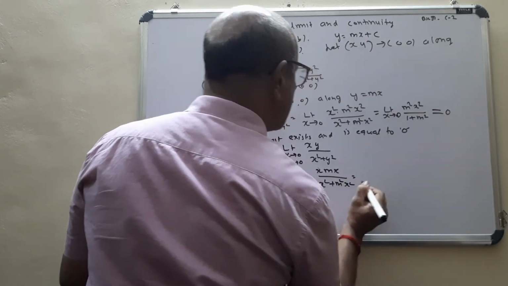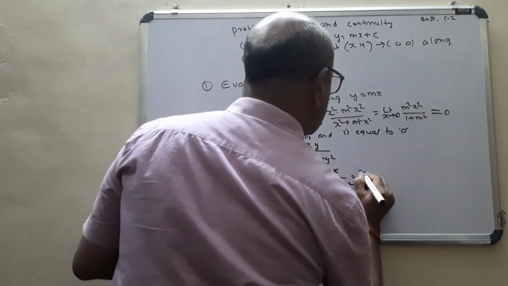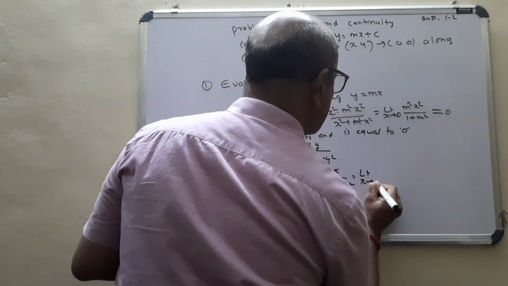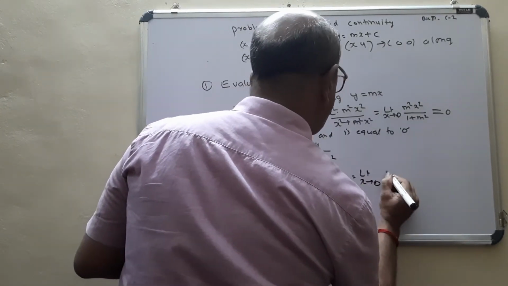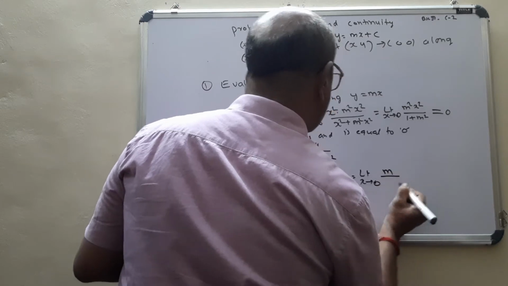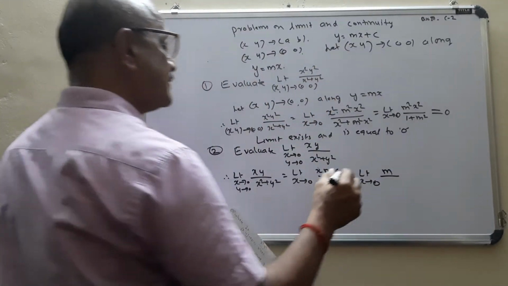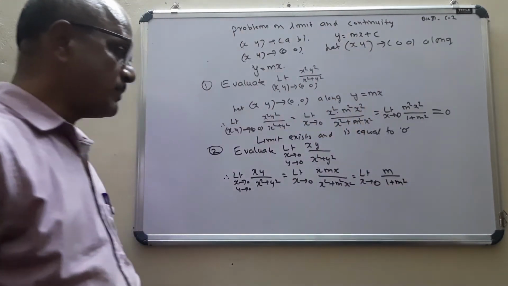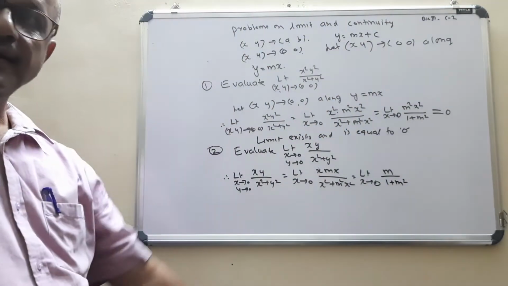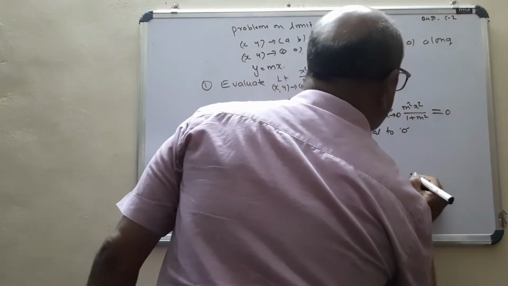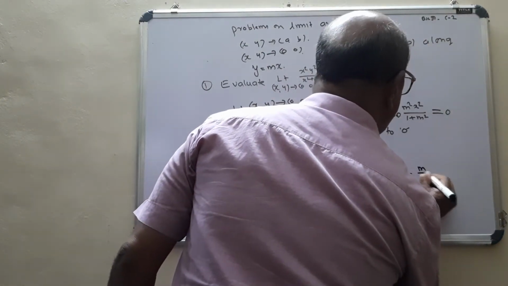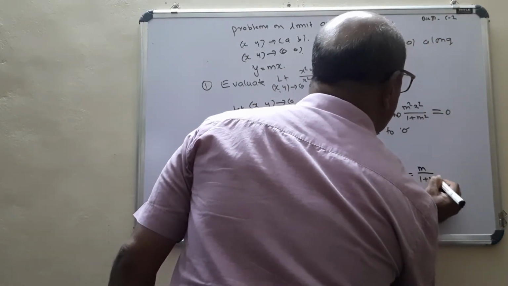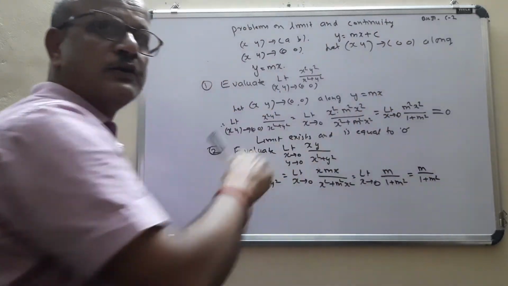Here x squared cancelled and we write limit x goes to 0, m is remaining in the numerator. In the denominator, we are left with 1 plus m squared. Why? Because x squared is cancelled and this value is equal to m over 1 plus m squared, because you don't have an x value here.